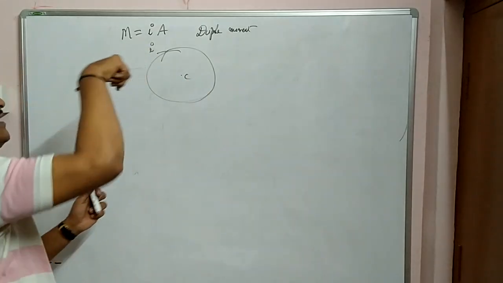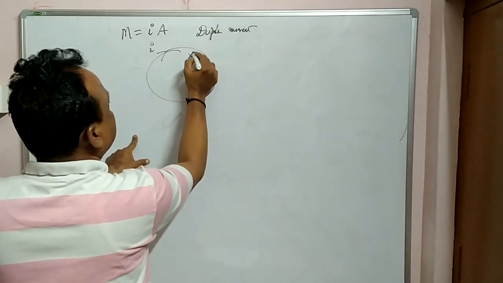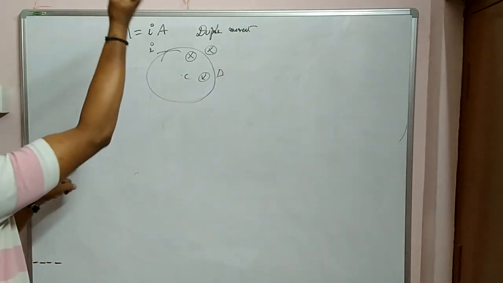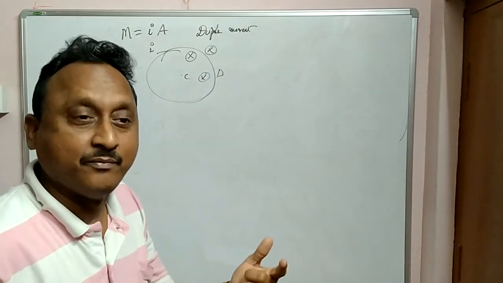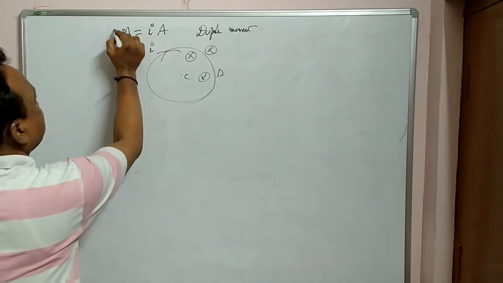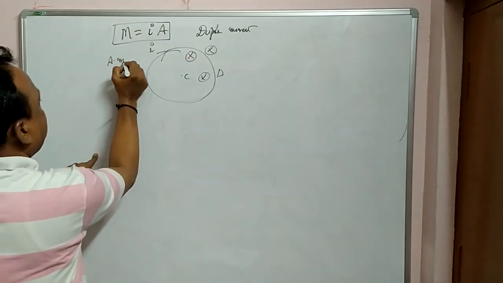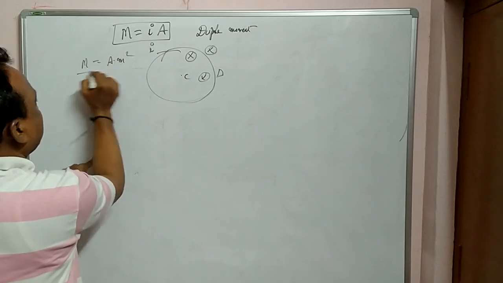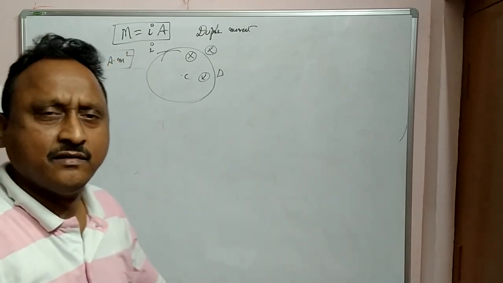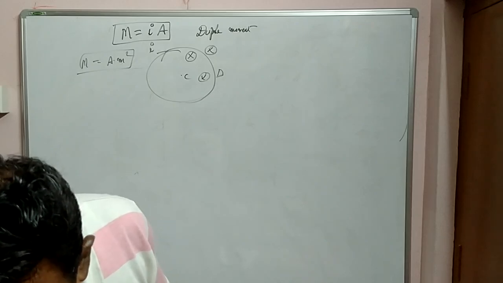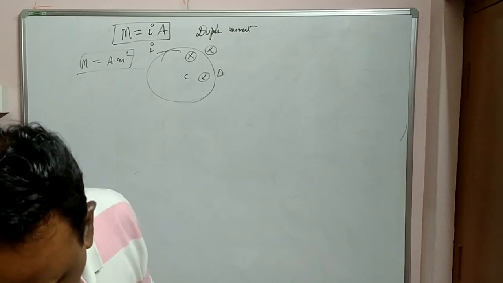You can see the magnetic field is inside. So either you can use in magnetism M is equal to 2Lm, or for a current carrying loop, this is the formula: M is equal to I into A. Ampere meter square is the SI unit for dipole moment of a current carrying coil. Clear? So this is also called the magnetic dipole moment.